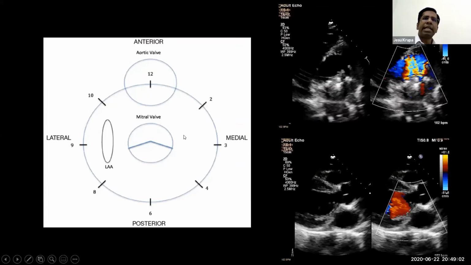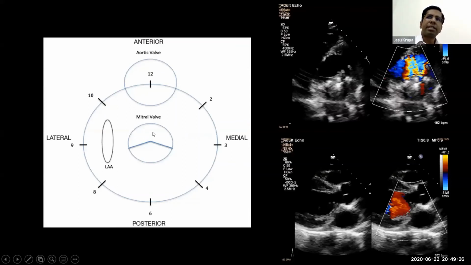And then you have a clock face. Aortic valve is always positioned at 12 o'clock. So in relation to these landmarks, wherein you have the appendage here, you have the aortic valve here, you have the anterolateral commissure here and the posteromedial commissure here, you are looking at it from the left atrial aspect. Then you try to see where in the clock face is the leak.